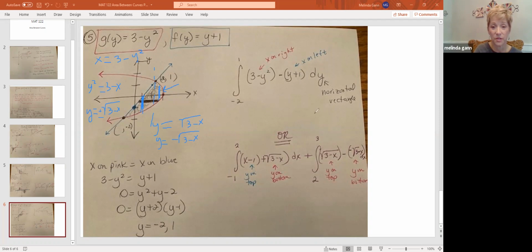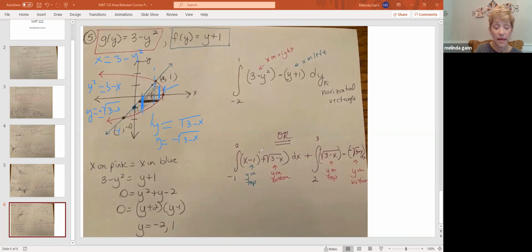So if I wanted to do a vertical rectangle, I could, but I'm going to have to have two different integrations. So this x value, remember I told you I could figure out it's a -1 if I needed to by just plugging in one of these up here. So it's -1 to 2, -1 to 2. And it's y on the blue, so y on the blue one is that line x minus 1.